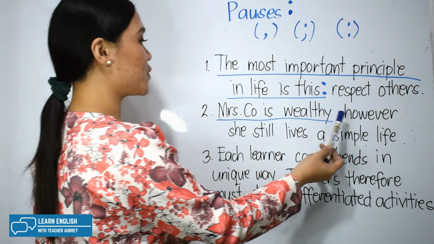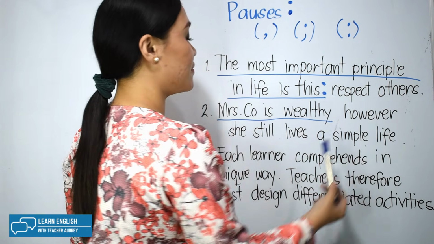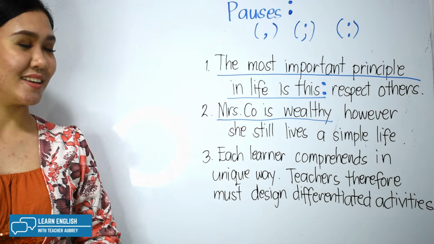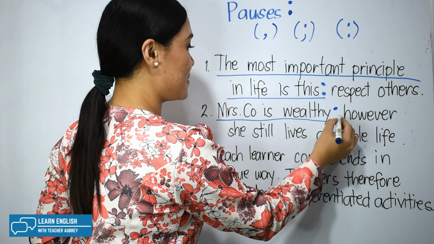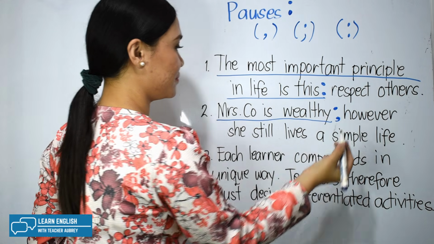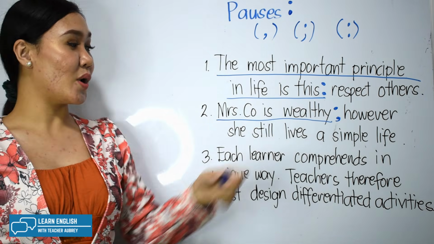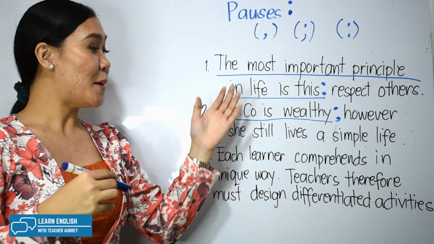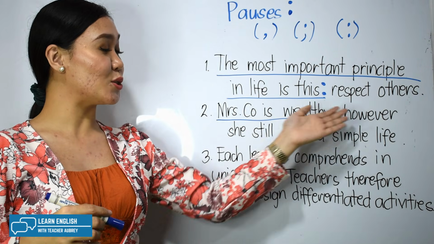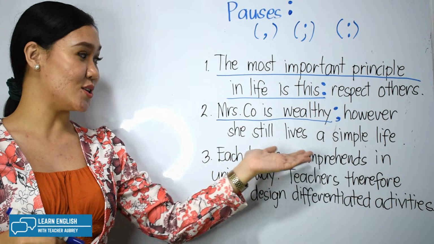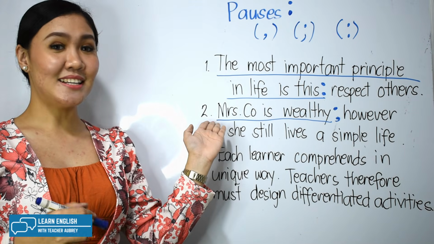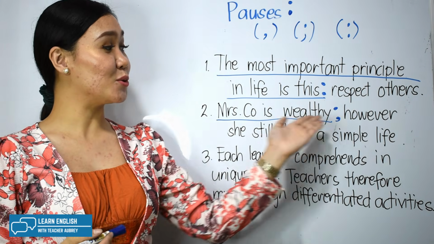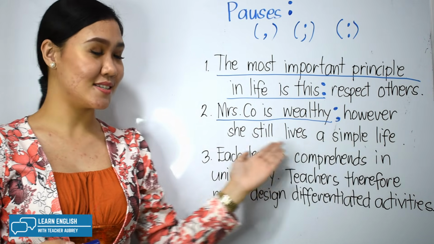So before we proceed into this conjunctive adverb, however, maglalagay tayo ng semicolon. Mrs. Ko is wealthy. Bakit semicolon? Dahil magkaugnay pa rin naman itong clause na to dun sa kasunod niyang clause. Okay? Ito ay isang independent clause at may karugtong siya na dependent clause.